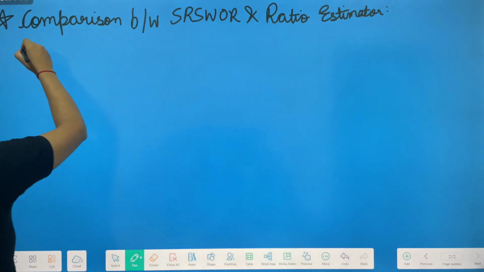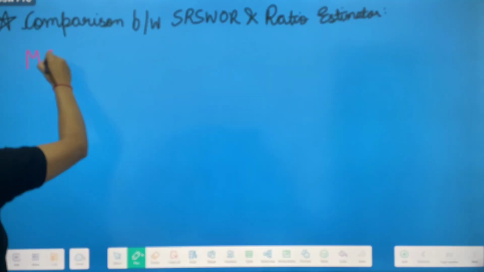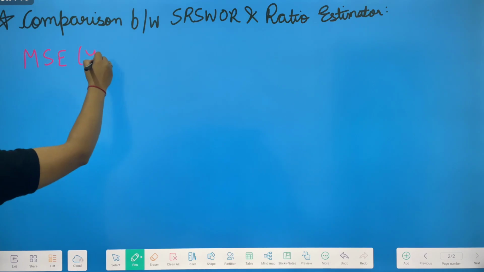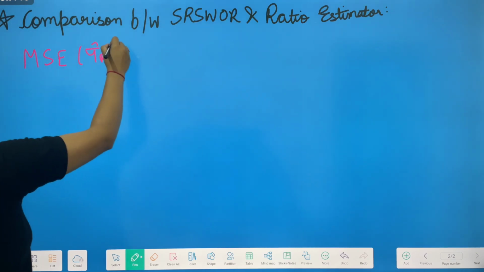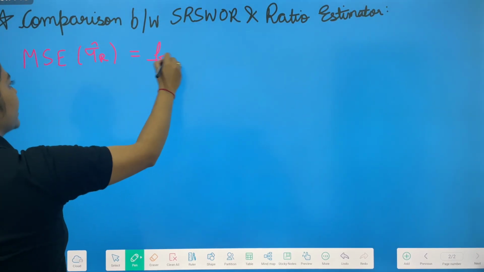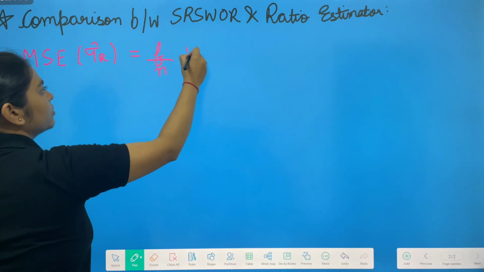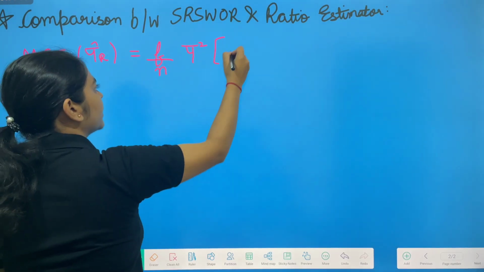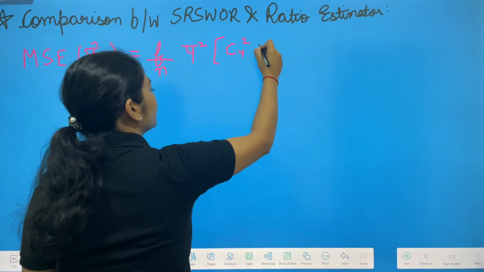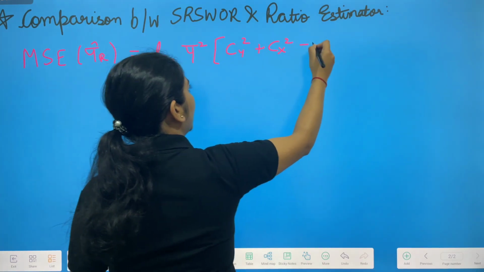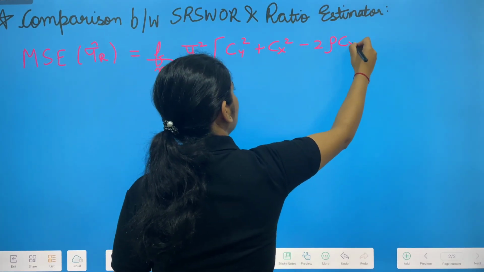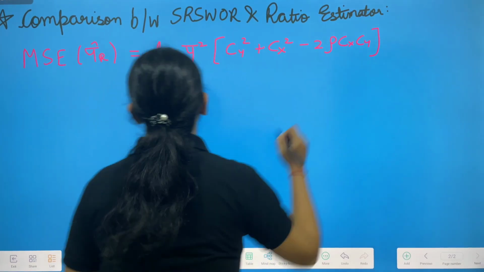Again, writing this, the MSE of the ratio estimator can be written as f by n into y bar square bracket Cy square plus Cx square minus 2 rho Cx Cy, right?